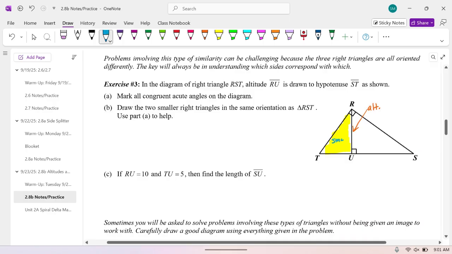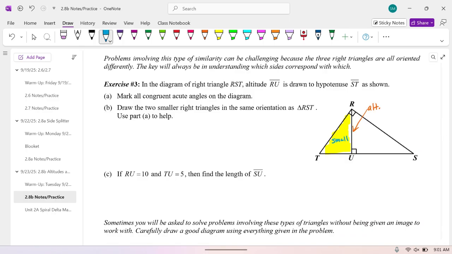So this is my small. Here's my medium one. And then the entirety of the original triangle is my large one.